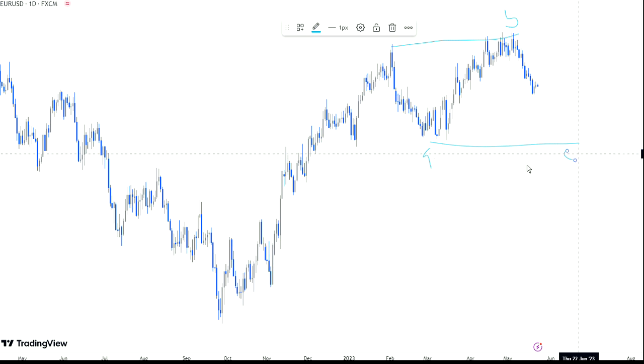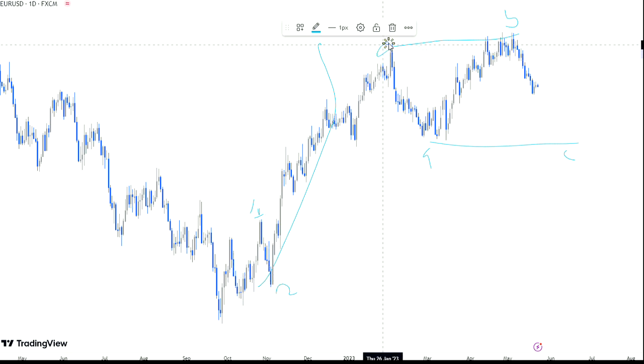And if this was wave 1 here, and this is wave 2, then this was wave 3 from here to here, and this was 4. At wave 4, this is the point where we get an expanded flat right here. That is A, B, C at this point here.